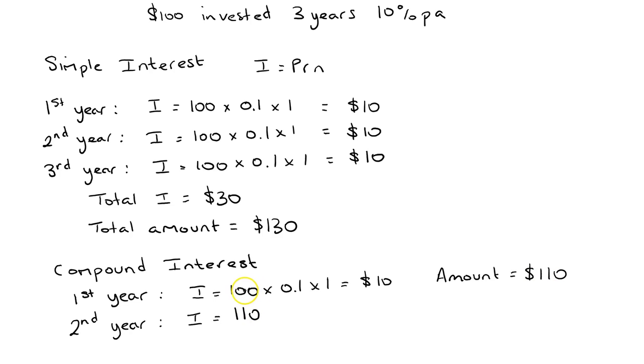Compounded means we've added our principal and our interest. So we've got $110, same interest rate for 1 year, and this is going to yield now $11 interest for that second year. So the total amount that we now have is our 110 plus our 11, so we've now got $121.